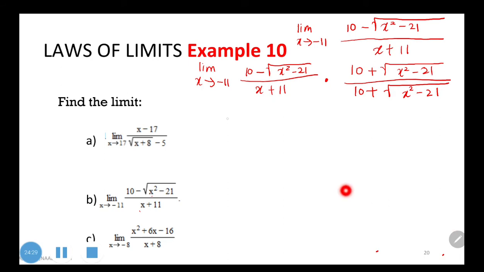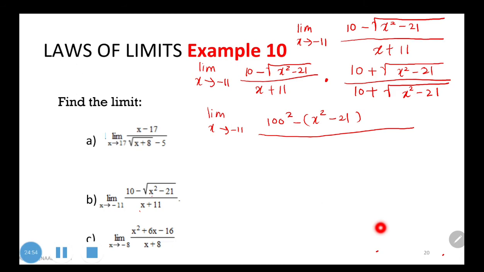Okay, so let's see. So this should be 100 minus x square. Okay, I hope you're familiar with this. I don't have to explain it step by step to you, but of course you can do it at home and check whether you can get the same answer like this. Okay, 10 minus the square root of x squared minus 21 times 10 plus the square root of x squared minus 21.